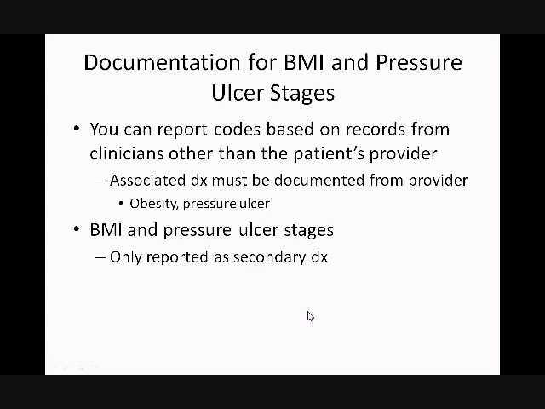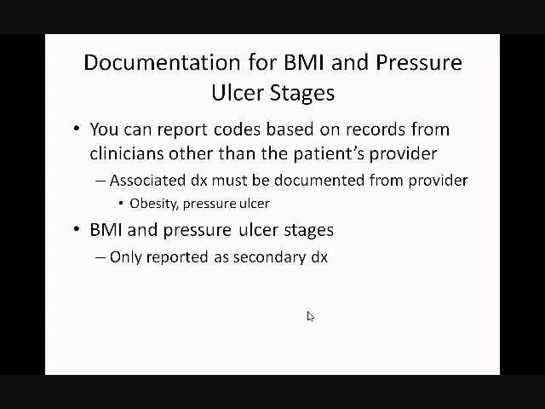So let's say, for instance, we have a Dr. A. Dr. A has in the medical record that a patient has a pressure ulcer or decubitus ulcer, but he doesn't list the stage itself. The patient goes to see Dr. B, and Dr. B lists the stage of the ulcer.